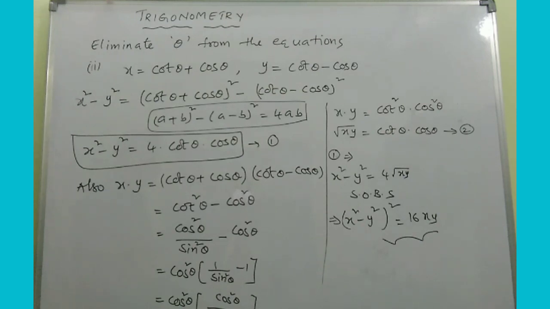See, there is no theta. So that is what we need, to express a relation, I mean an equation, without any trigonometric function. So this process is known as eliminating theta from the given equations.